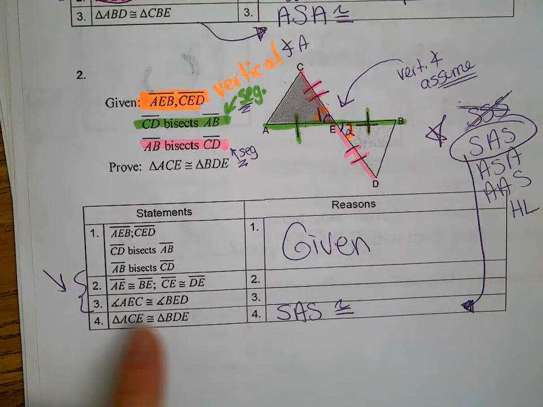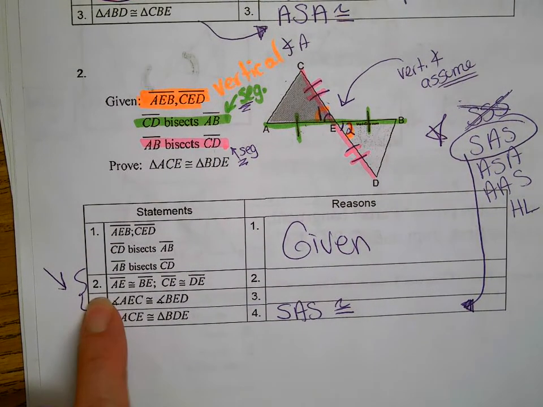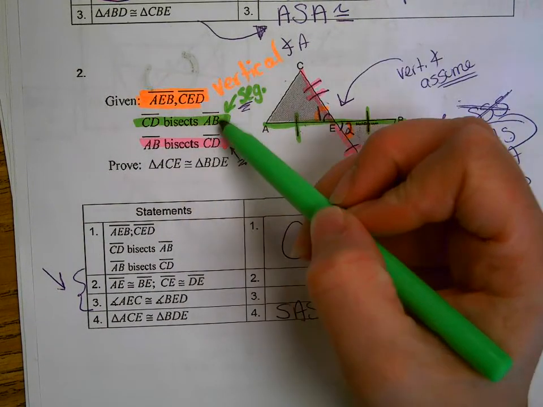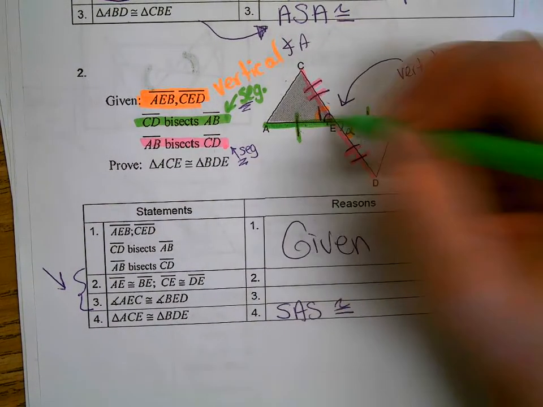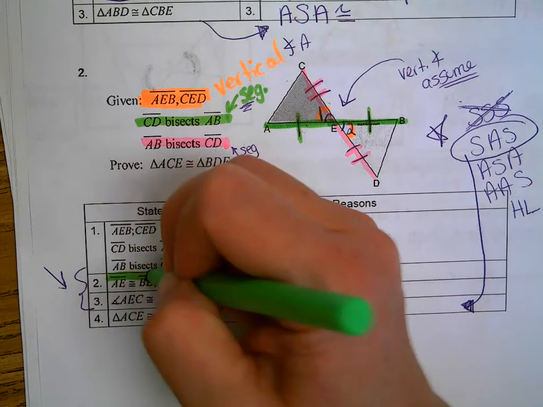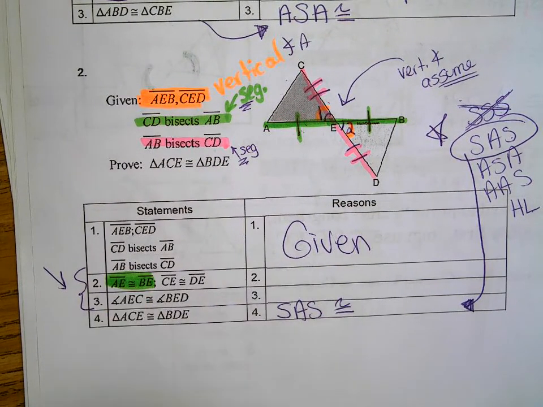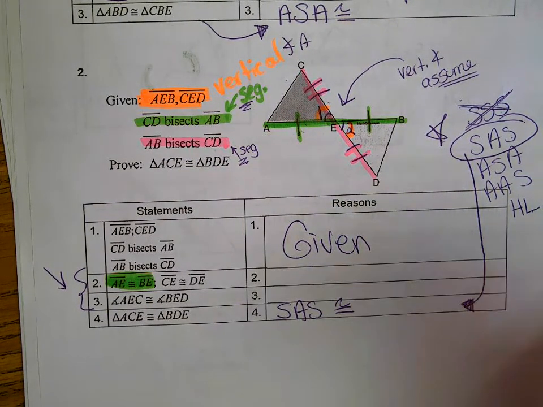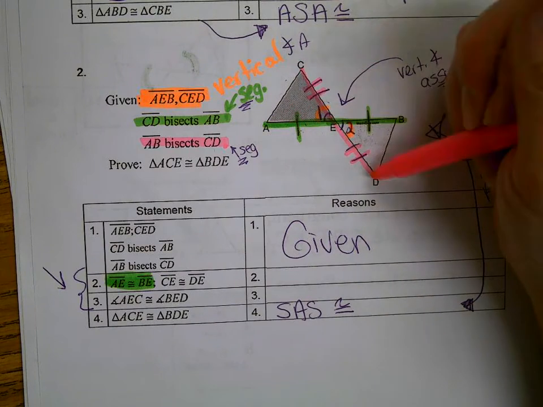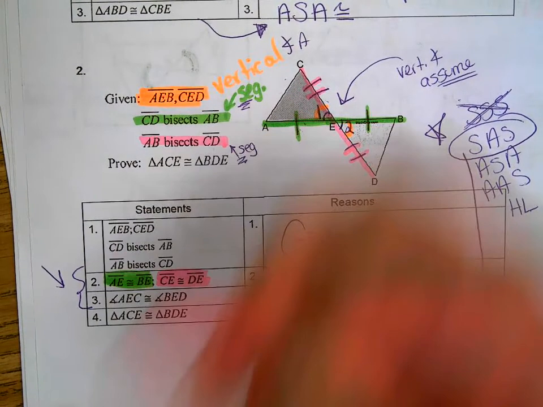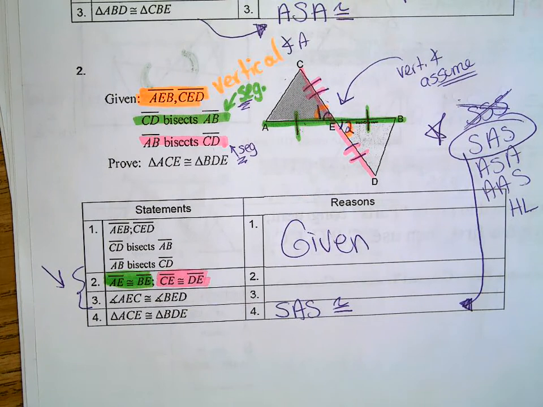So what they have here for us is, with these segment bisectors, since CD bisects AB, didn't we have AE congruent to EB? So we needed to state that as a fact in our proof. And since we have marked CE and ED by the other bisector, now we've marked CE and DE congruent. Okay.